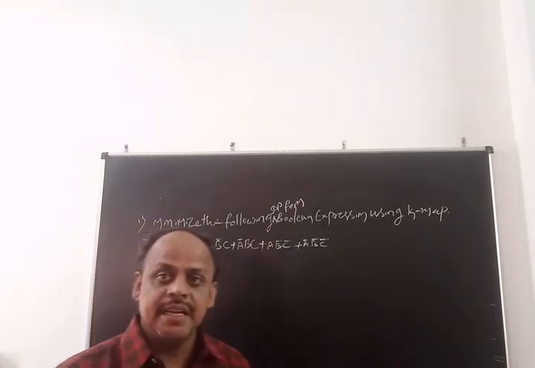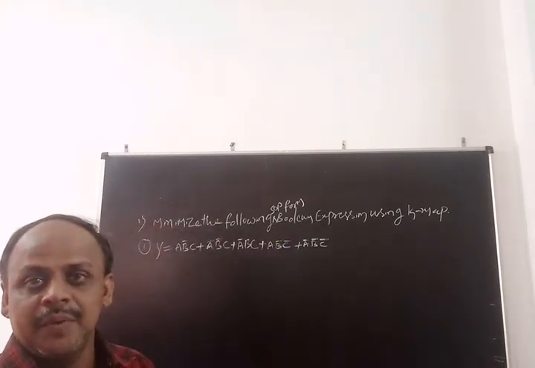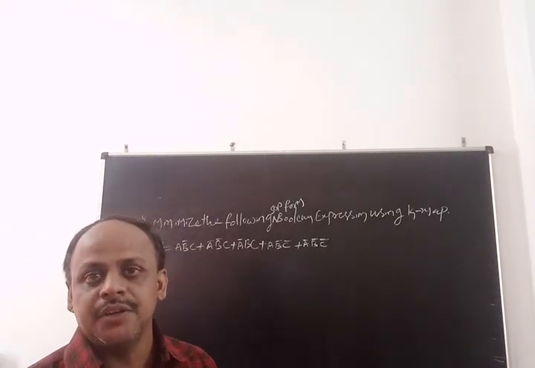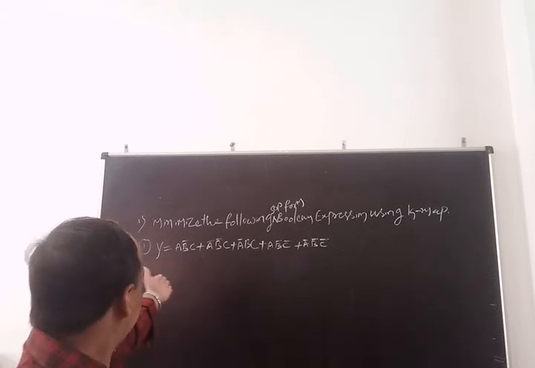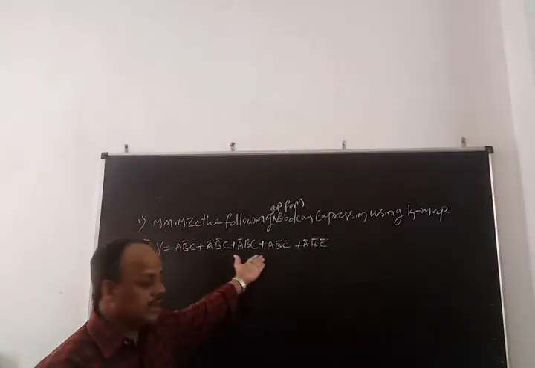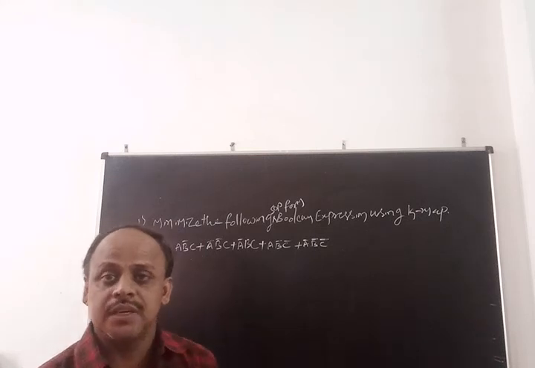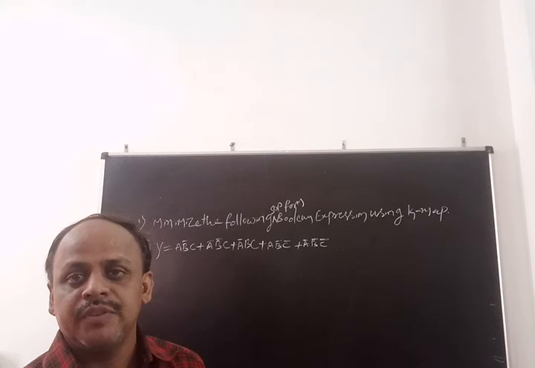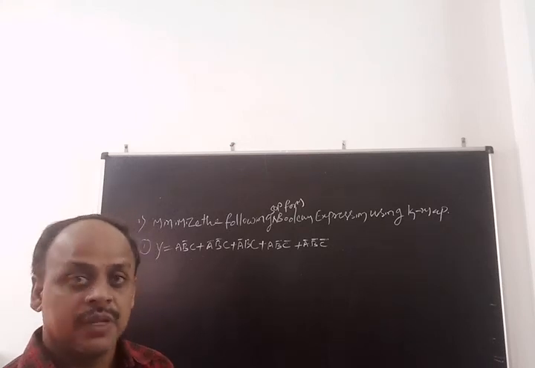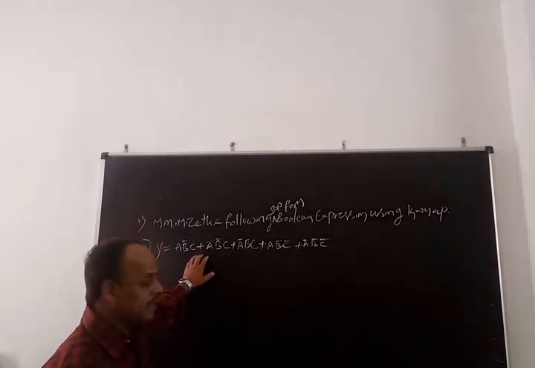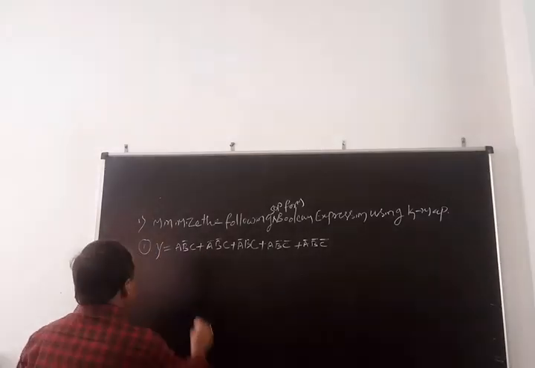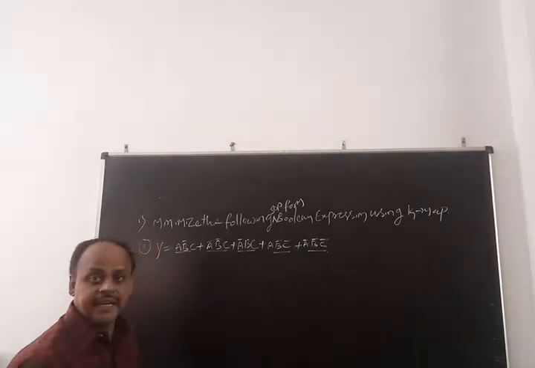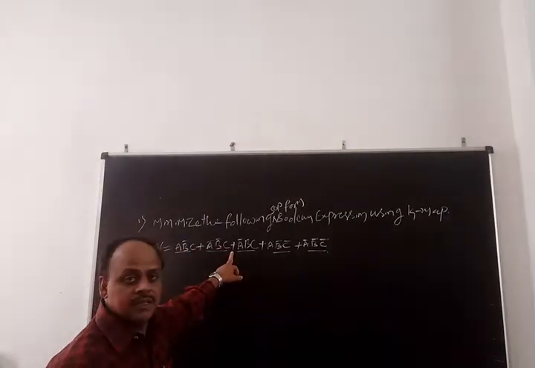In the examination, he is going to mention clearly to minimize the given SOP form expression, or else he is going to give it like this: minimize the given Boolean expression Y is equal to like this. Then we have to see whether it is in SOP form or POS form. This is called SOP form because between each term there is a plus, that is logical addition.